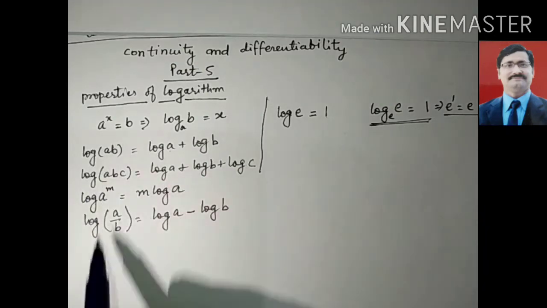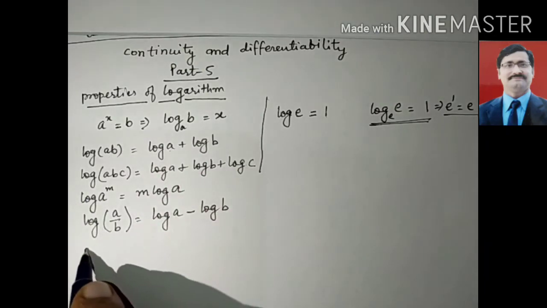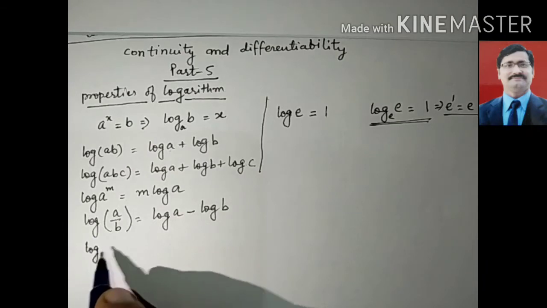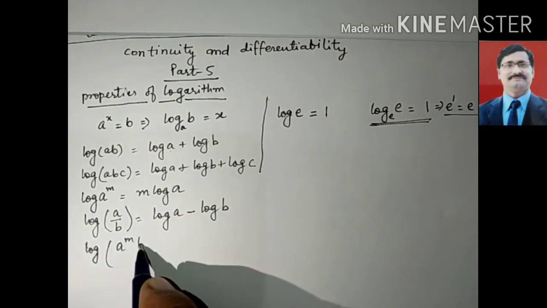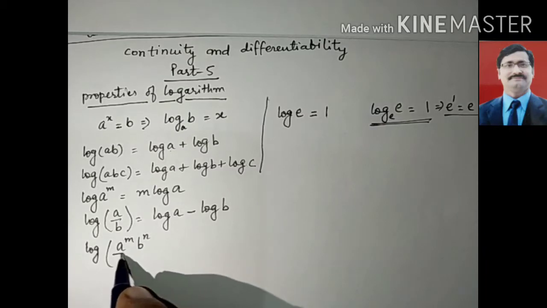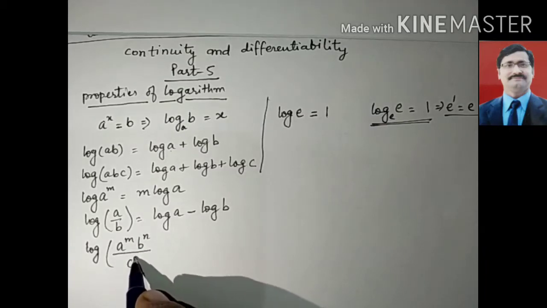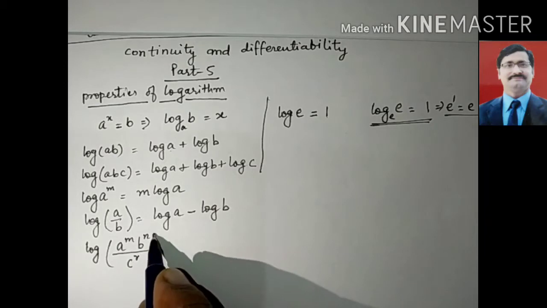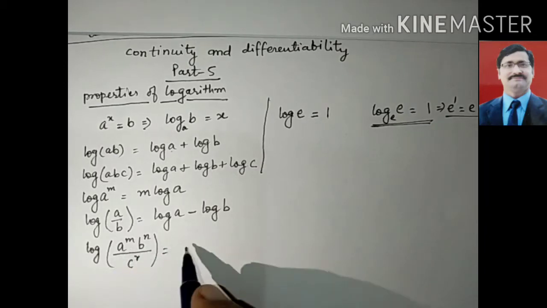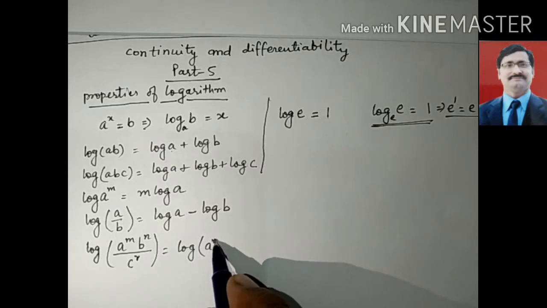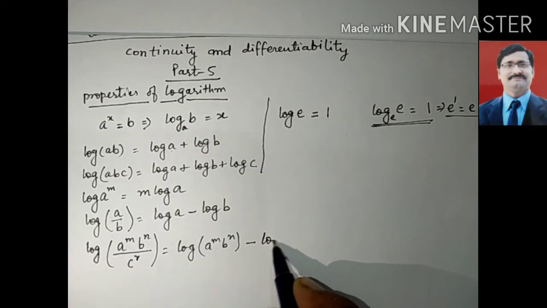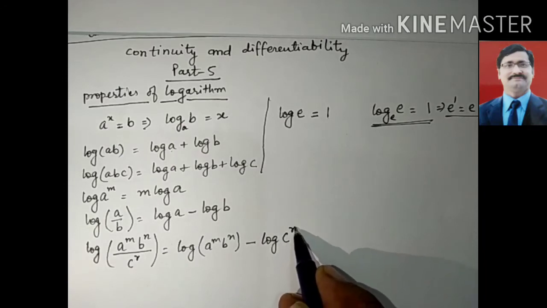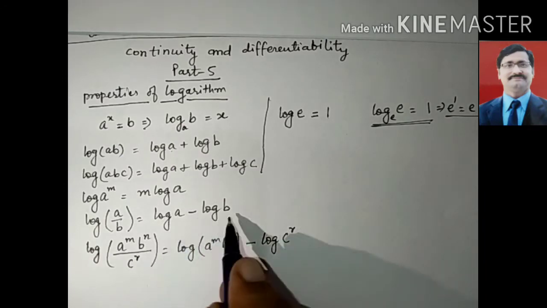Now all these formulas I will mix and write a complicated formula: a power m, b power n upon c power r. What can you write? Look here, first you can write log a power m, b power n minus log c power r, using this formula for minus.